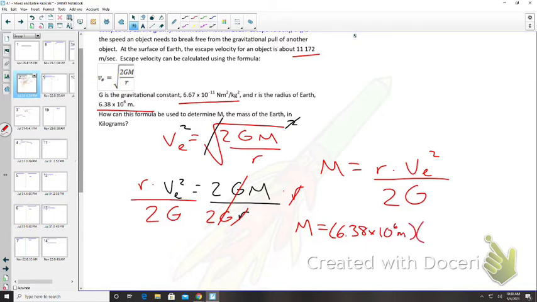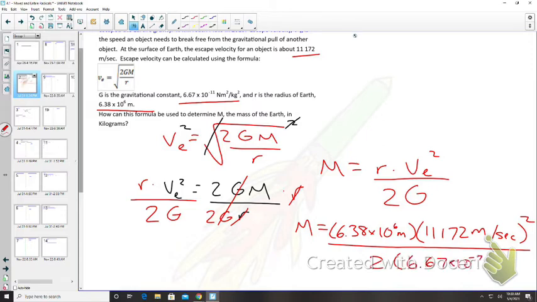Escape velocity is 11,172 meters per second, and this is squared, divided by 2 multiplied by G, which is 6.67 times 10 to the negative 11 Newton meter squared per kilogram squared.